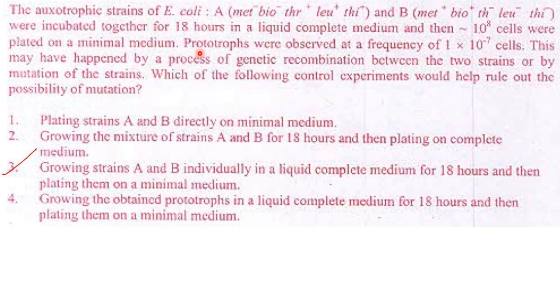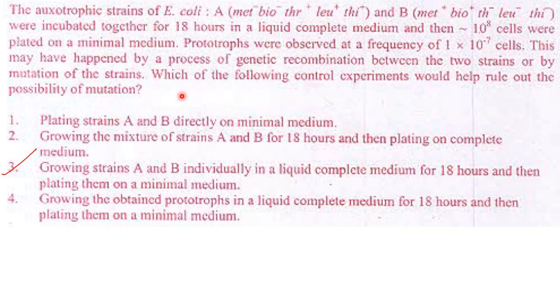Then you found that prototrophs were observed on plating on minimal medium, and you are worried whether you got prototrophs because of genetic recombination between the two strains or due to mutation of the strain. So what you do is you have to set up a control for the experiment.